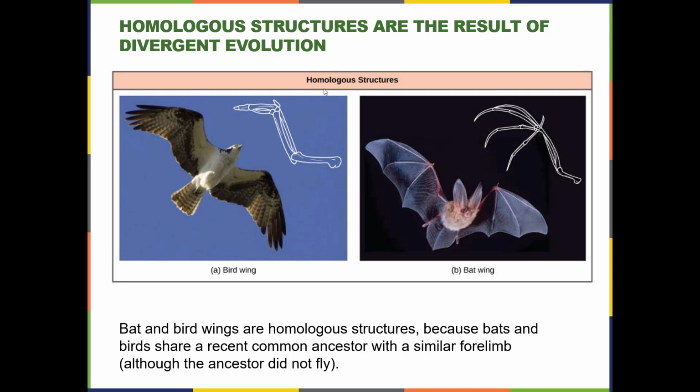The whole animal, the two animals are not homologous to each other. It's just individual structures that are homologous. So in this case, maybe the arms and the legs are homologous, for example. So the more homologous structures that two species have, the more closely related they probably are.